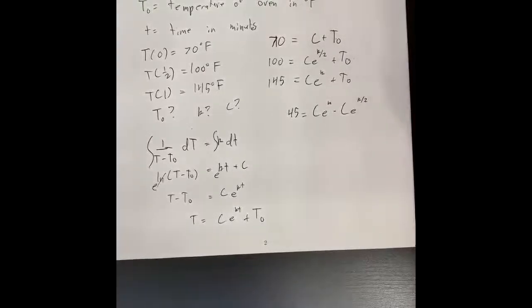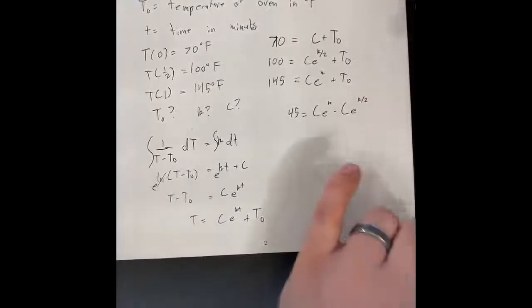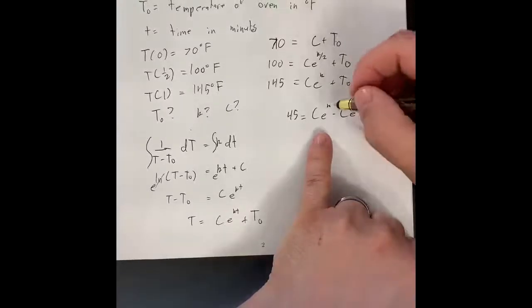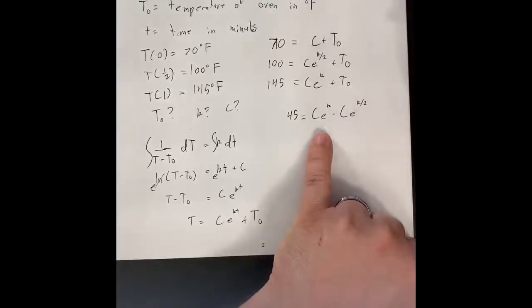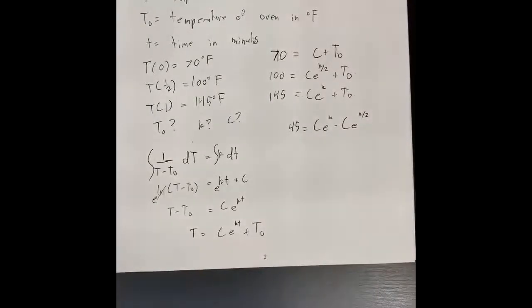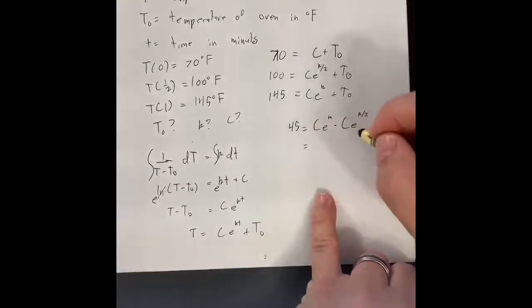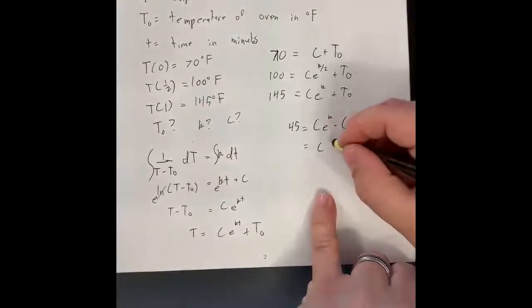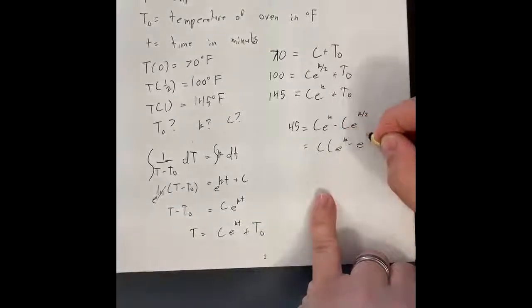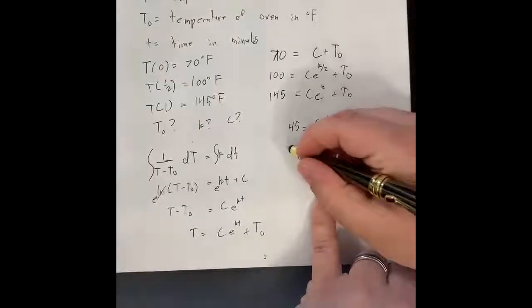Does that help us at all? We can factor out the C. So C times e to the K minus e to the K over 2 equals 45.